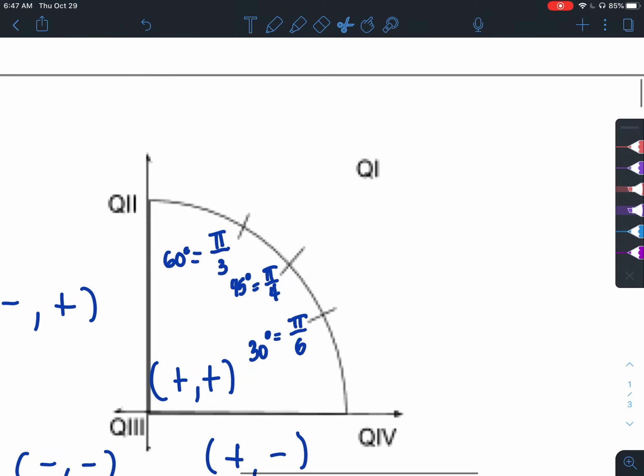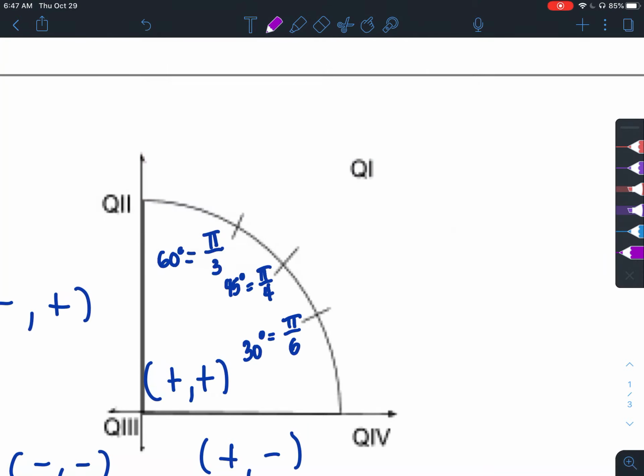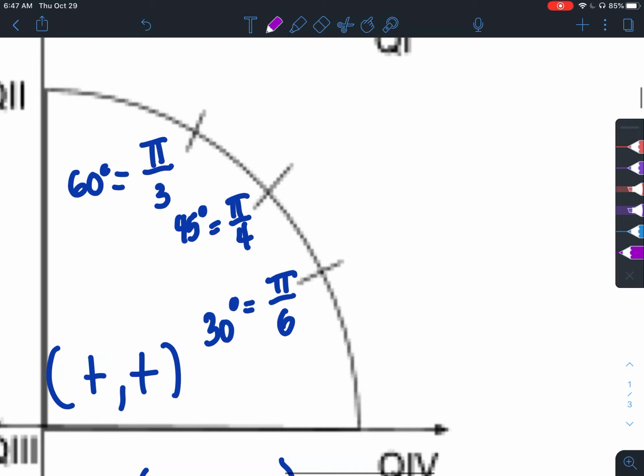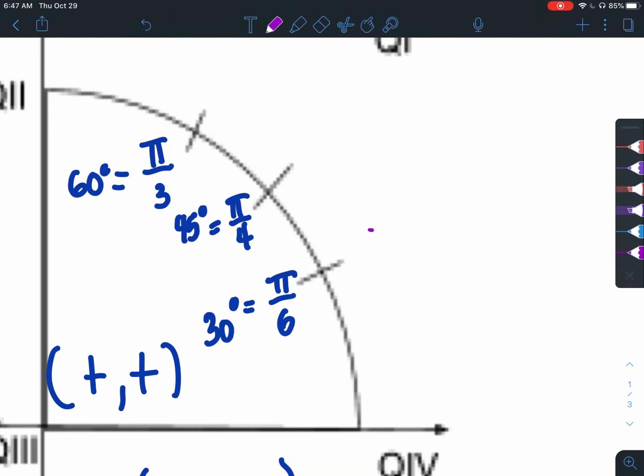Okay, so then, just like we learned in the unit circle video, this is radical 3 over 2, 1/2.